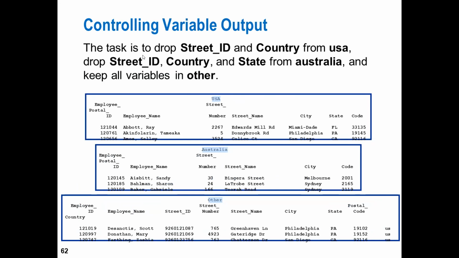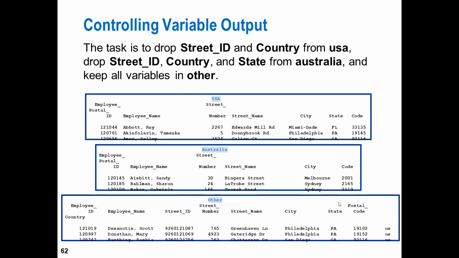So the task is to drop street ID and country from USA. Now Australia, apart from street ID and country, along with it, it is dropping the state column, hence 6 variables in Australia. Others, it's keeping all 9 variables.